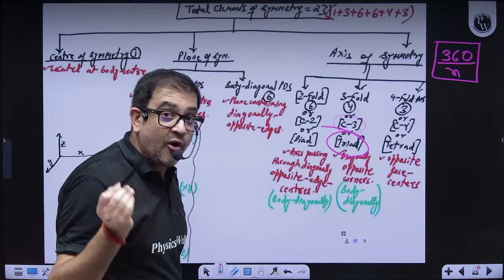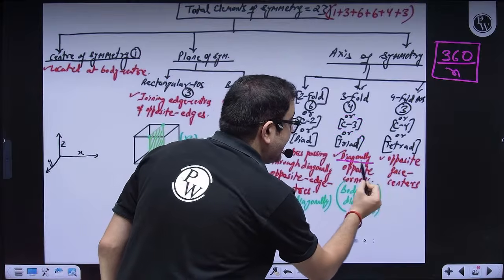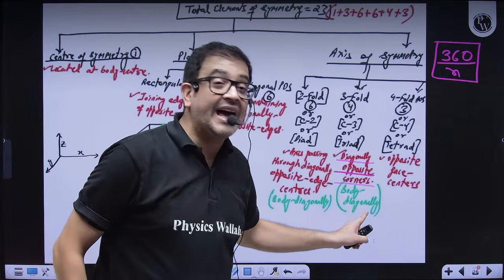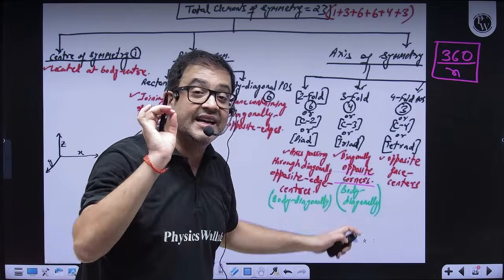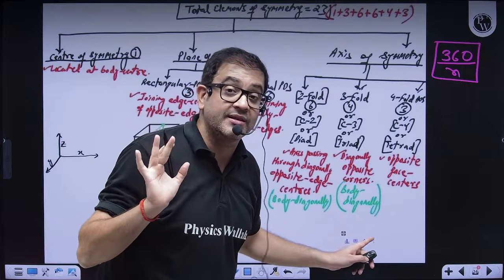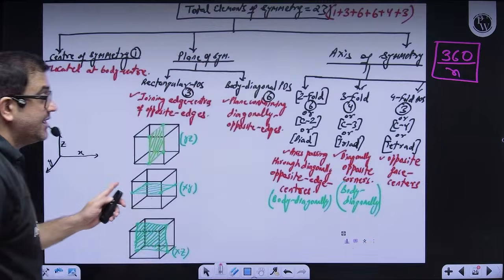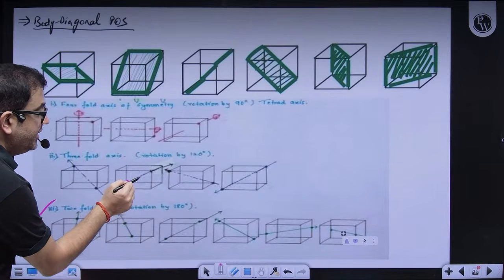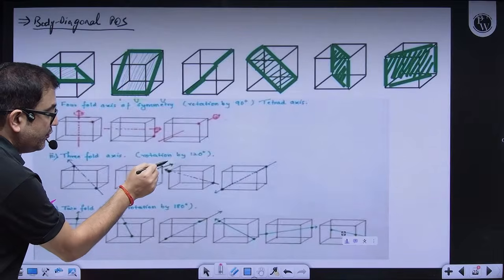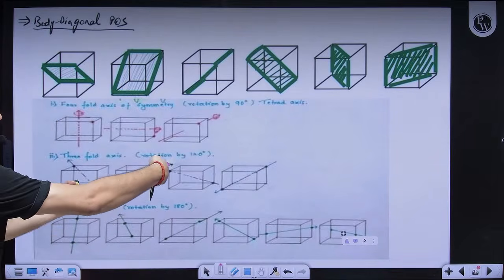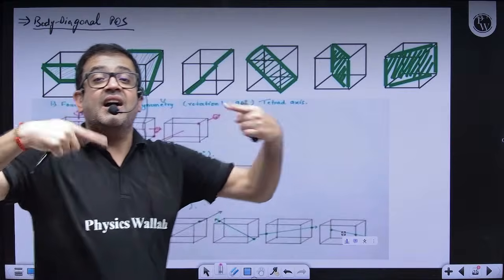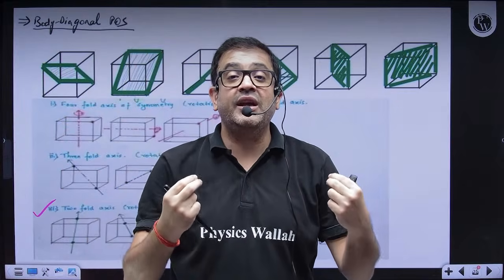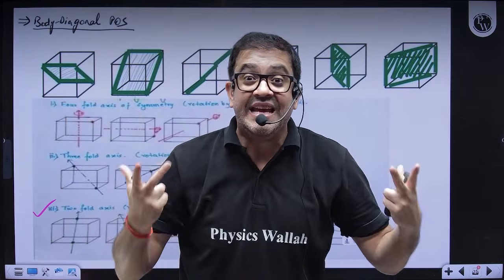You can form this axis by joining diagonally opposite corners, which are body diagonally opposite. Let us see this. So this is one corner, this is the body diagonally opposite corner. If you pass an axis through it, you just have to rotate 120 degree, and after rotating 120 degree you get the same image.